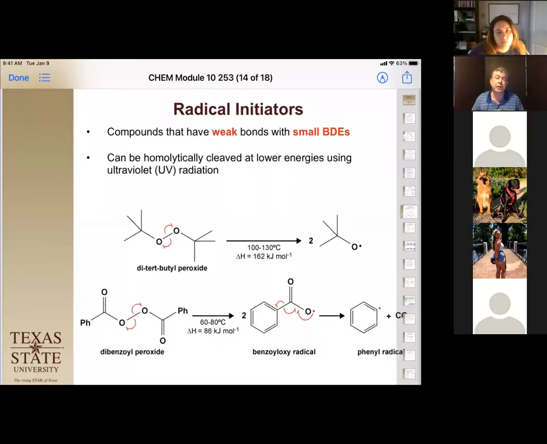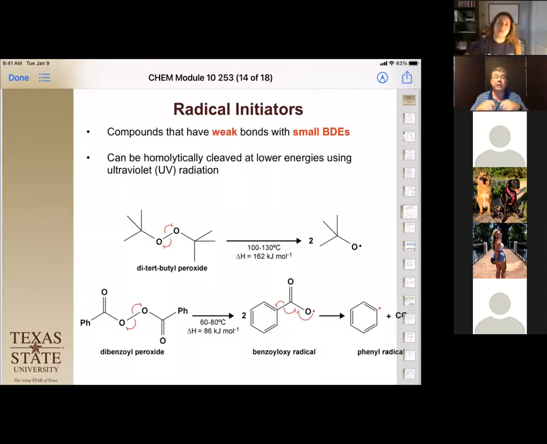So the first thing we need to do is initiate a radical reaction. And the most common way to initiate radical reactions is to use a weak bond that is easy to break homolytically. And the most common way to do this is to use the oxygen-oxygen bond. Okay. Because, number one, both of those oxygens are the same. They're both electronegative. They both want to take electrons away.